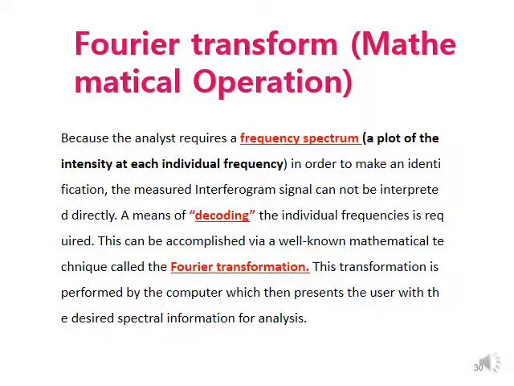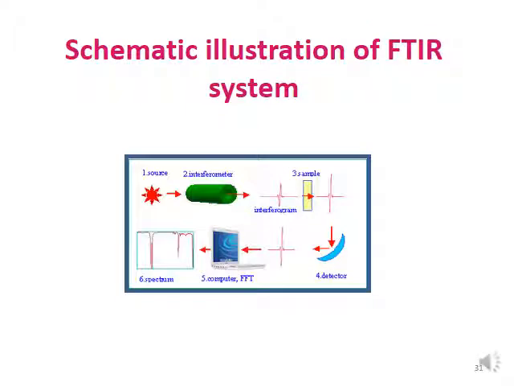For the mathematical operation, in this part they do the decoding, to decode the information from the frequency spectrum, to make the signal much easier to detect. This is the schematic illustration of an FTIR system. This is the IR source, and then it goes into the interferometer and passes through the sample.